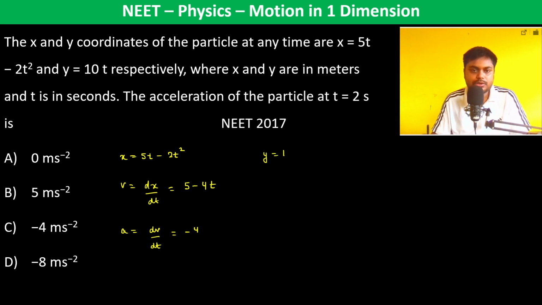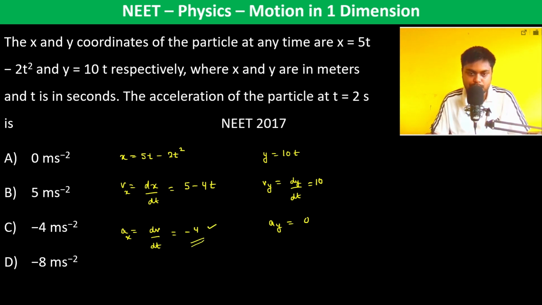Now y is equal to 10t, so therefore velocity in y direction is equal to dy by dt, which is equal to 10, and acceleration in y direction is equal to the differentiation of this, which is 0. So this is acceleration in x direction, velocity in x direction. So therefore the acceleration of the particle at t equals 2 seconds. Since acceleration is constant as minus 4, the answer is going to be minus 4. It doesn't change as time changes.